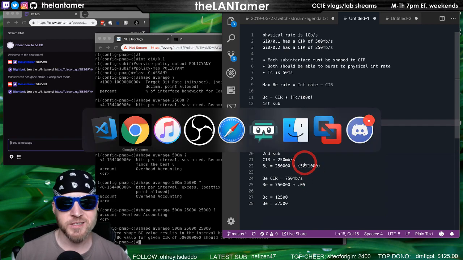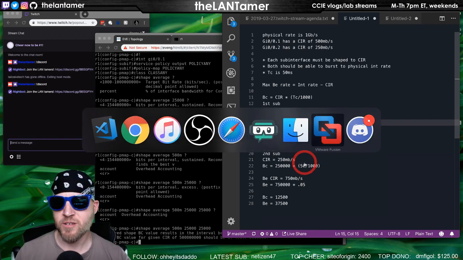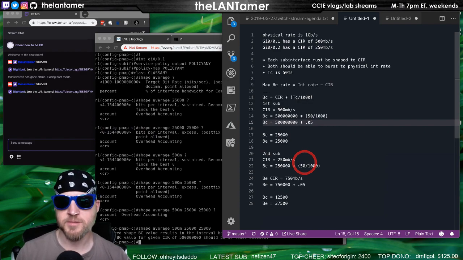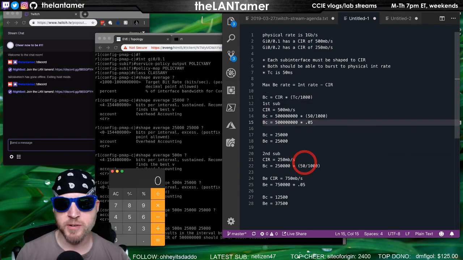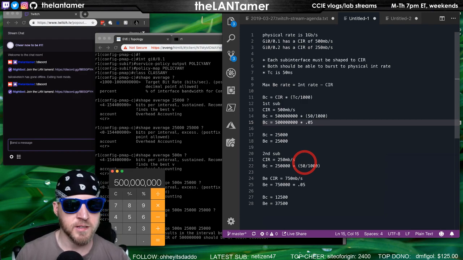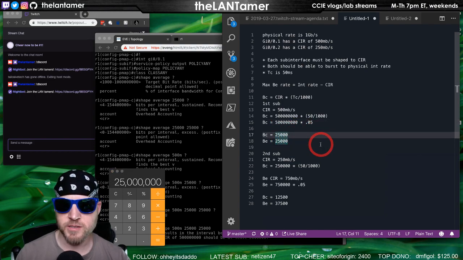Math is hard. Let's do this again. Thank you, iOS, for a parser actually being useful here. 500 million, which is 500 megabits per second, times 0.05. All right, that's more like it.